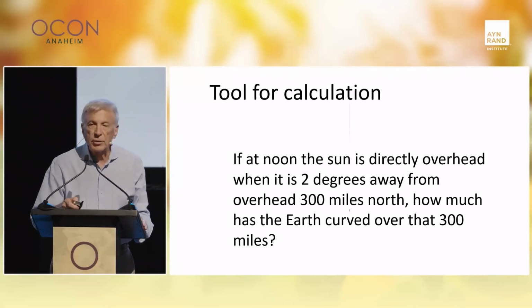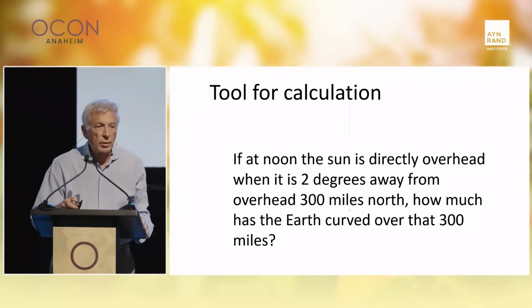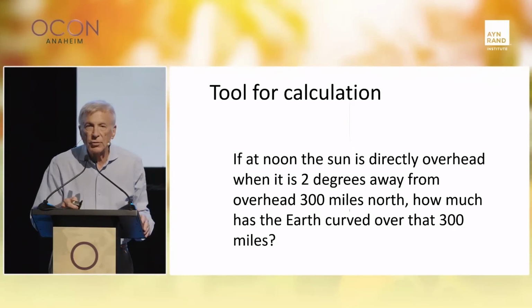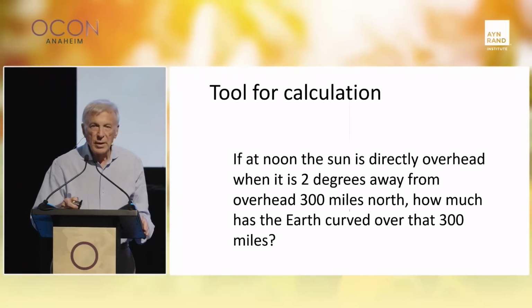That's the method that the Greek Eratosthenes used to calculate, long before the beginning of the Roman Empire, what the size of the Earth was. And he got it within about 70% of the right size. It's amazing.